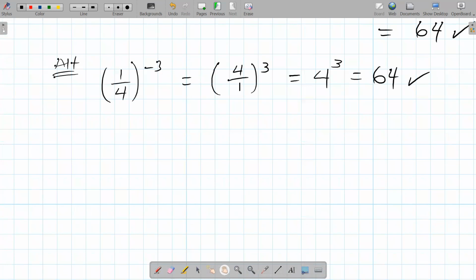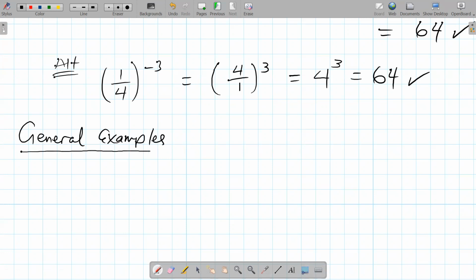So let's do a couple of examples that you will find in your homework assignment. Let's look at general examples. If you are able to understand these examples, you should be able to work on your homework assignment easily.